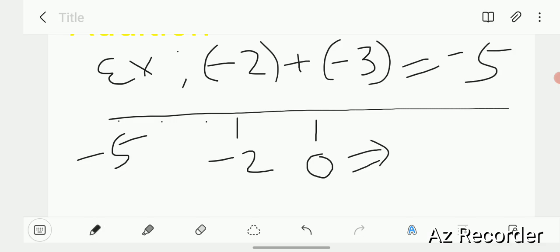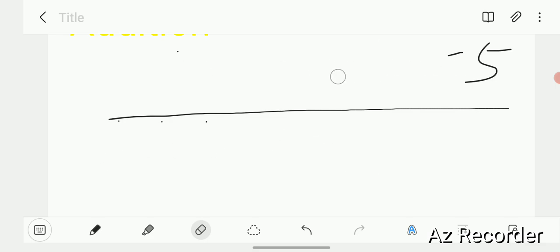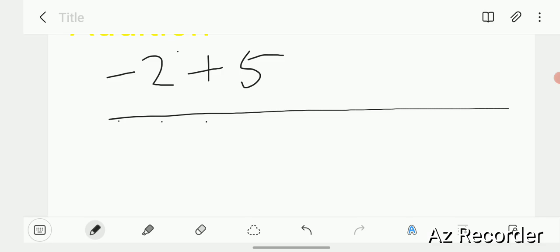We'll take another example, a similar kind of example: -2 plus 5. Then what is the answer? We'll start with 0. You are already at -2.